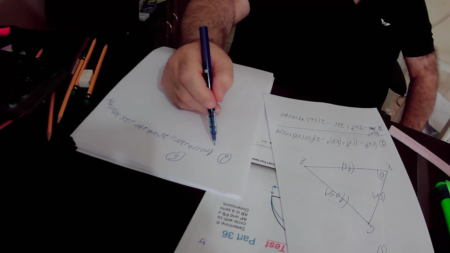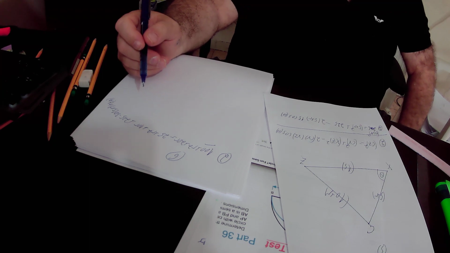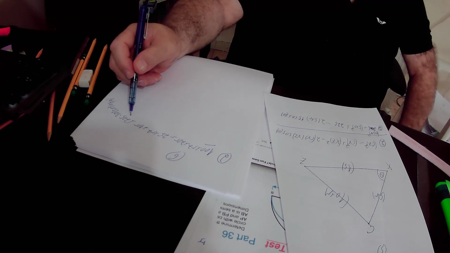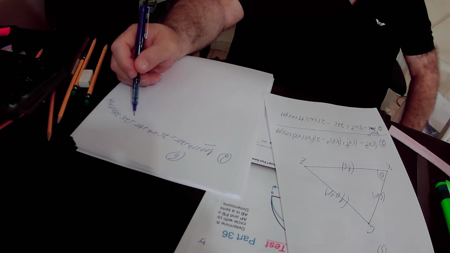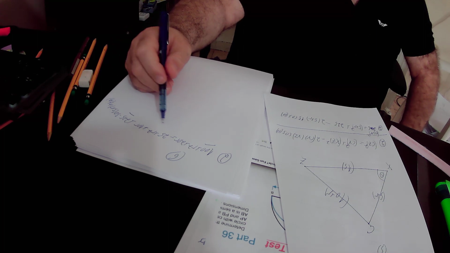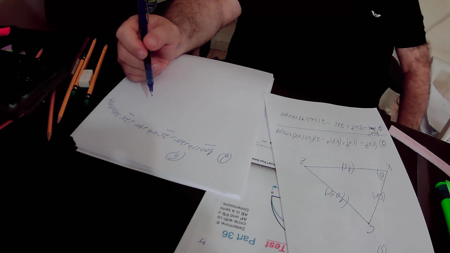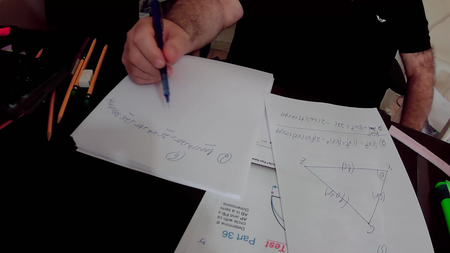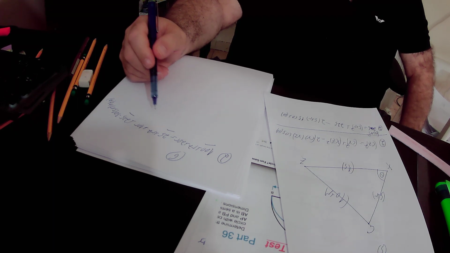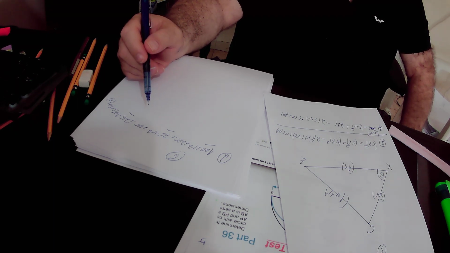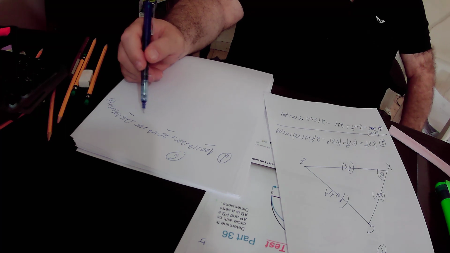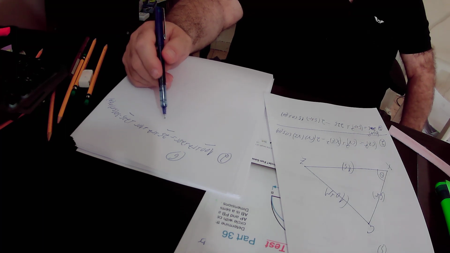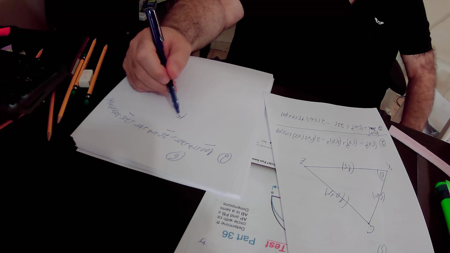So here we have 100, and on this side of the equation we have 225 plus 25, which is 250. We subtract 100 from equation number 2, and 250 minus 100 is 150.